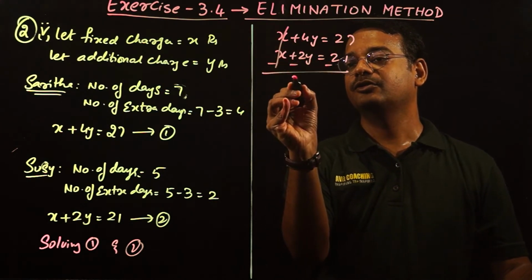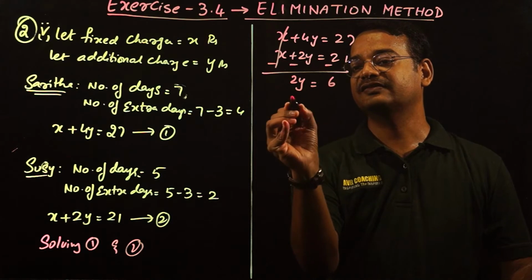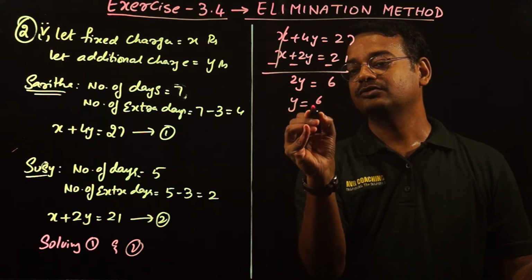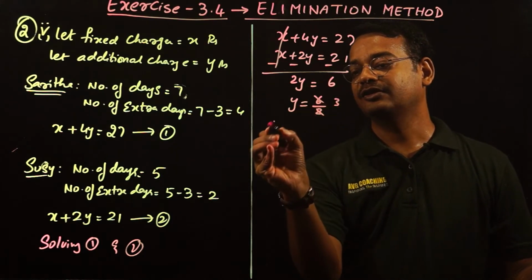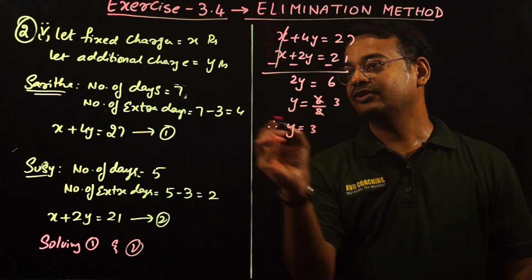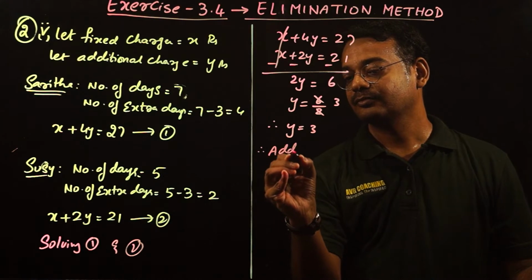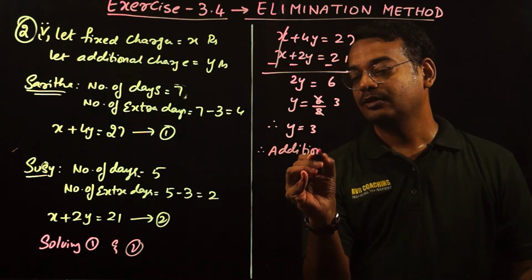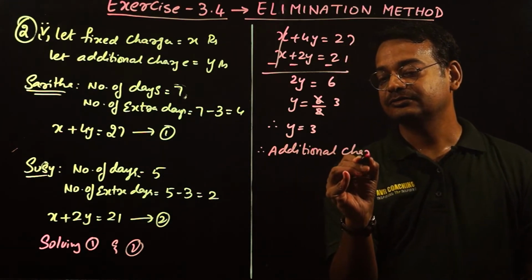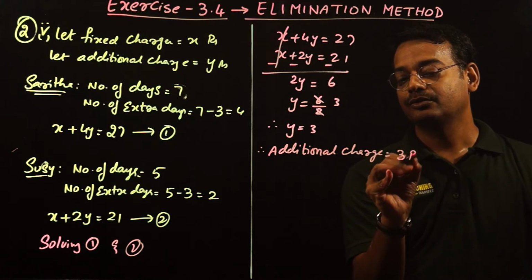So this will be 2y is equal to 6, y equal to 6 by 2, which is equal to 3. Therefore y equal to 3. What is y? The additional charge. Therefore the additional charge is equal to 3 rupees.